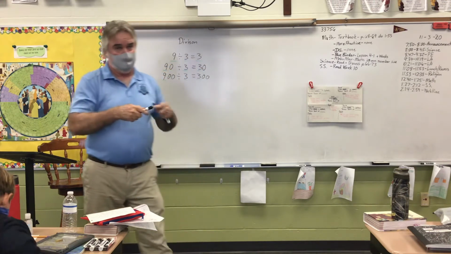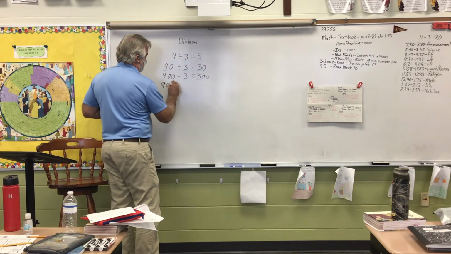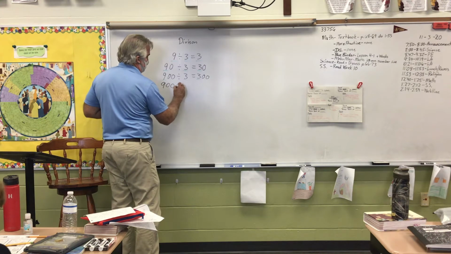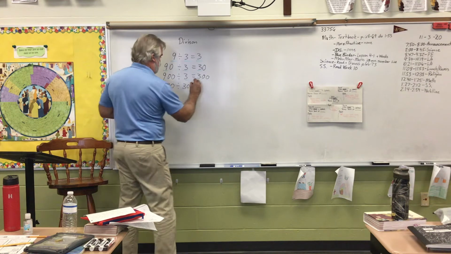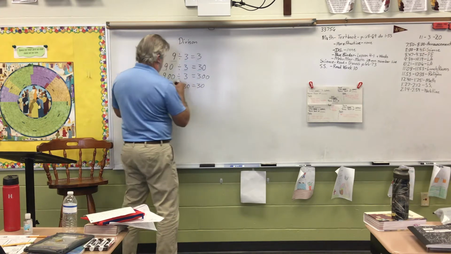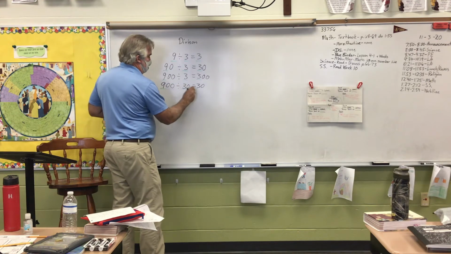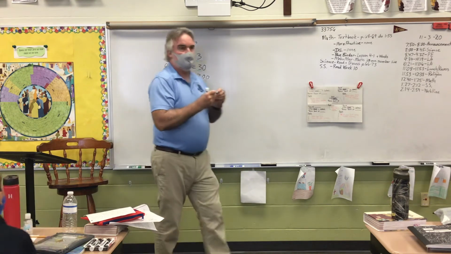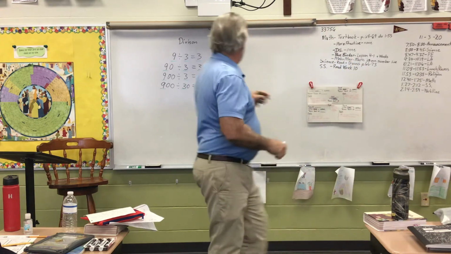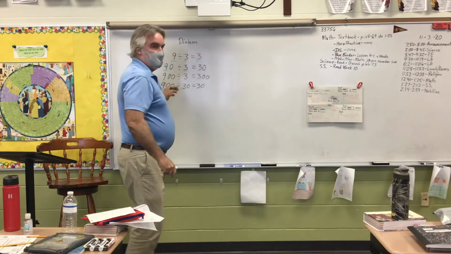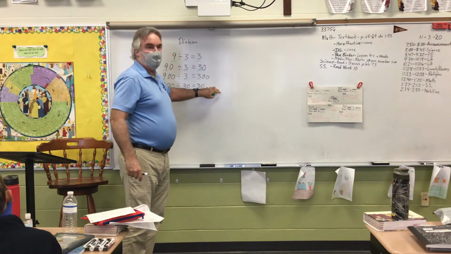Luke, pay attention. Okay? The next problem that I'm going to give you is 900 divided by 30 equals 30. Now, when we did multiplication, you would add the zeros and add them all up over here.